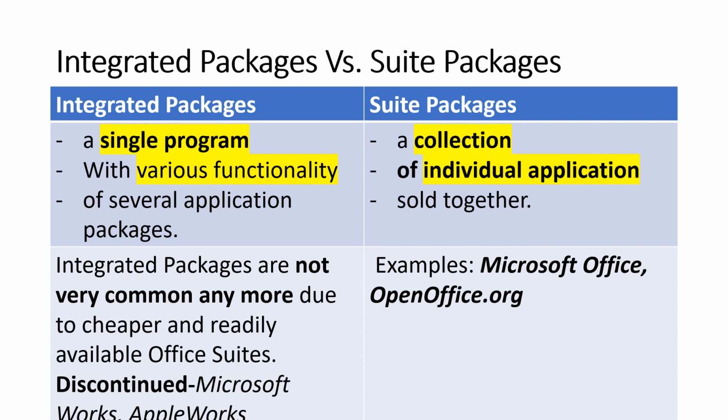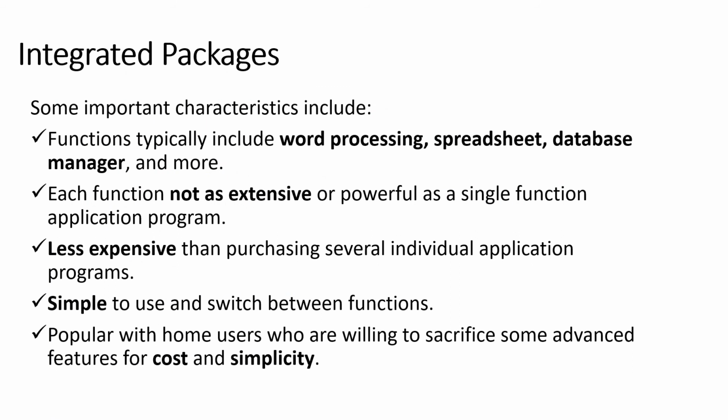Compared to suite packages, they are individual applications, meaning that they are separate programs, but they are sold in a collection, sold together. For example, Microsoft Office or Open Office. Integrated packages have various functions, for example, word processing, spreadsheet, database manager, and more, but they are not extensive.